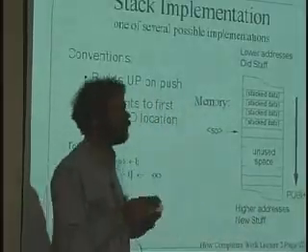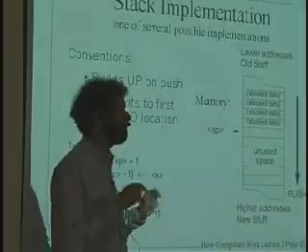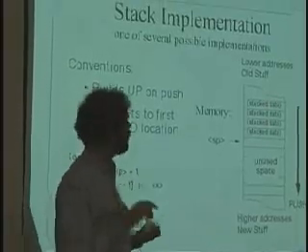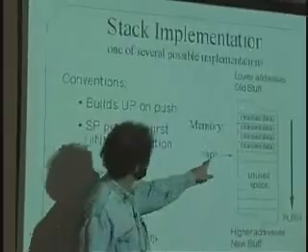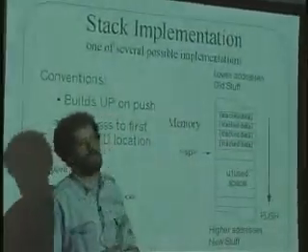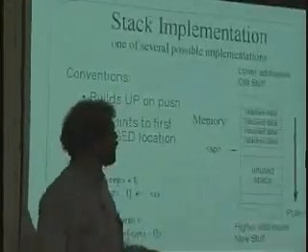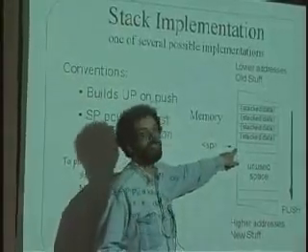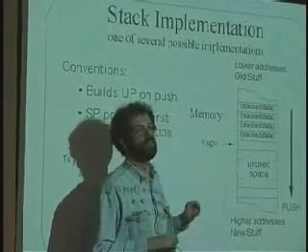And the way that we're going to grow the stack in this class, and some processors grow the stack the other way, is that we're going to reserve one of the other registers for what we're going to call the stack pointer. And it will be an address of a location in memory that is free where we can put the next item on the stack.